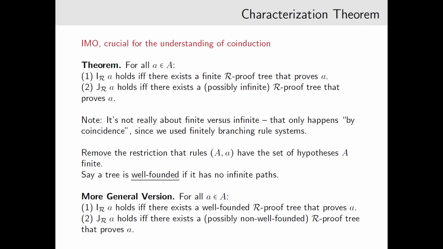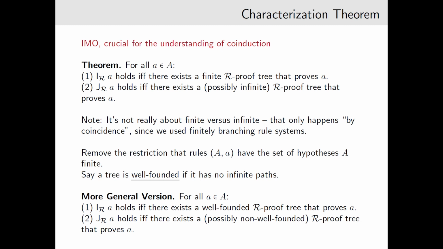If we look at the problem more abstractly, for induction we're talking about finite trees simply because we do not allow infinite depth. There's nothing preventing us from allowing infinite width, so allowing the proof trees to be infinitely branching. That's perfectly fine with respect to induction. So it's not really about infiniteness, but about well-foundedness.